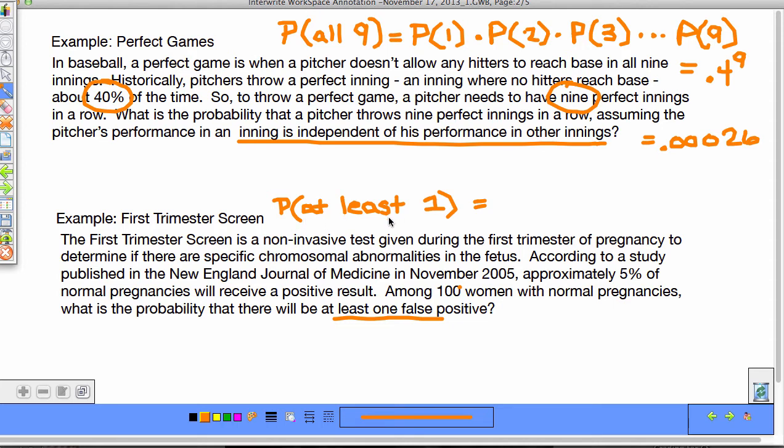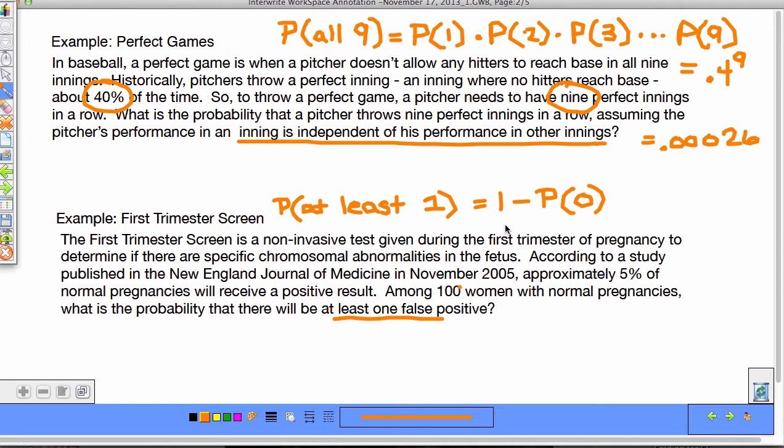Because anything that is not at least 1 is 0. So the complement of at least 1 is just 0. So I can say that's 1 minus the probability that there are 0 false positives. If there are 0 false positives, that means all 100 women are going to get a true result.